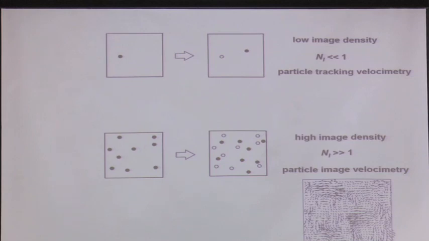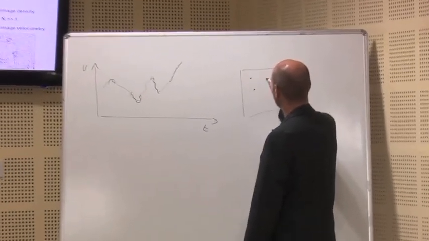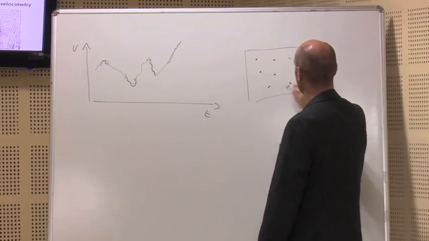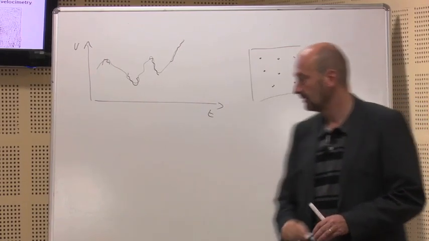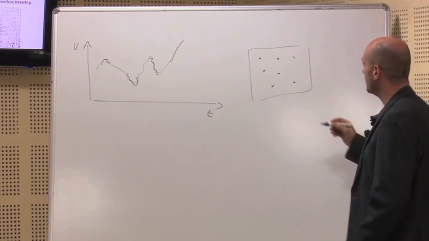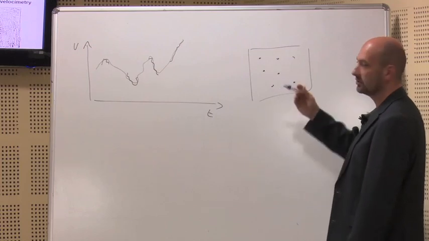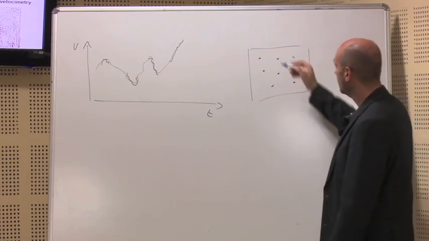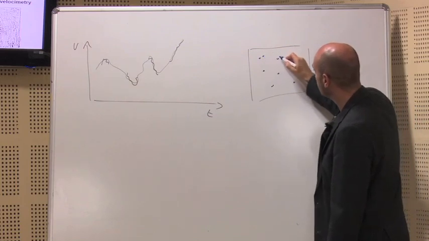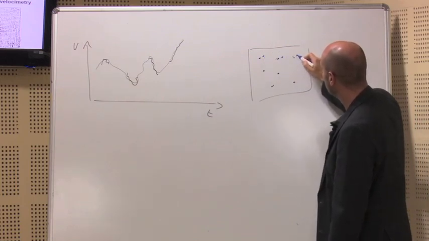You take an image, you see your dots, your light reflected by the particles. You take another image, just few milliseconds, few microseconds later, and then the particles have moved.